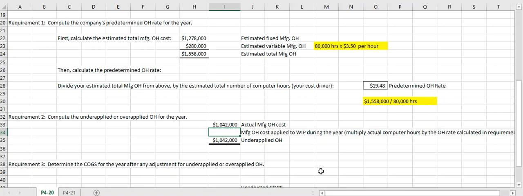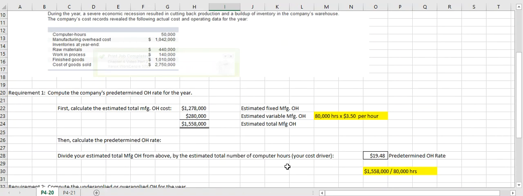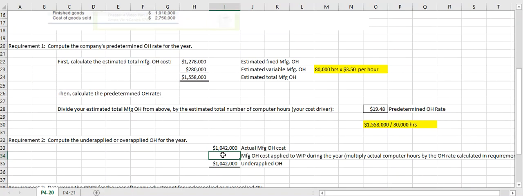We're also going to allocate $19.48 every time we use an hour of computers. So all through the year, every time we use an hour of the computers, we added $19.48 into that overhead that we've allocated. So if we did that all year long, we would have allocated $19.48 50,000 times, because we used 50,000 computer hours. So what we would have allocated would be 50,000 computer hours times $19.48 for every hour.